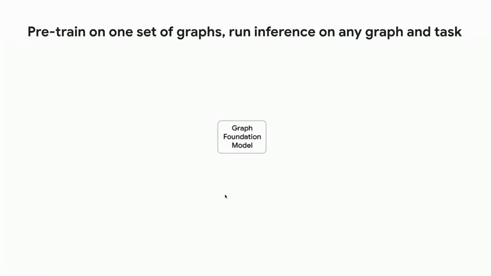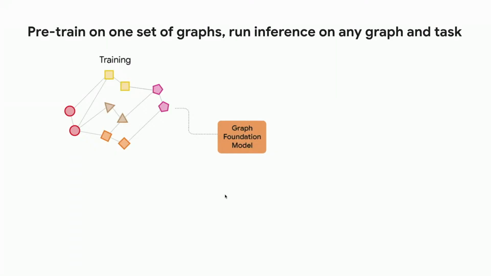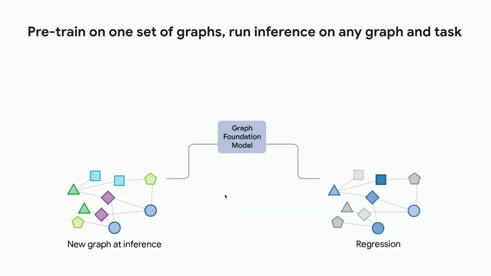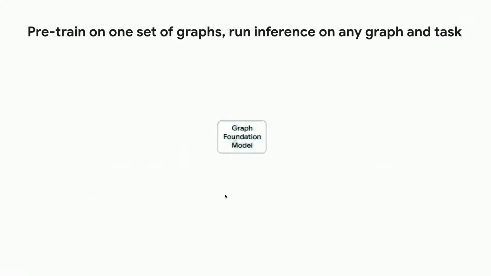And the idea behind the graph foundation model is that we can train it on a set of input tables, say in classification task, and run the inference on completely different graph, on completely different set of tables from which we get a different graph, and run a different prediction task altogether.